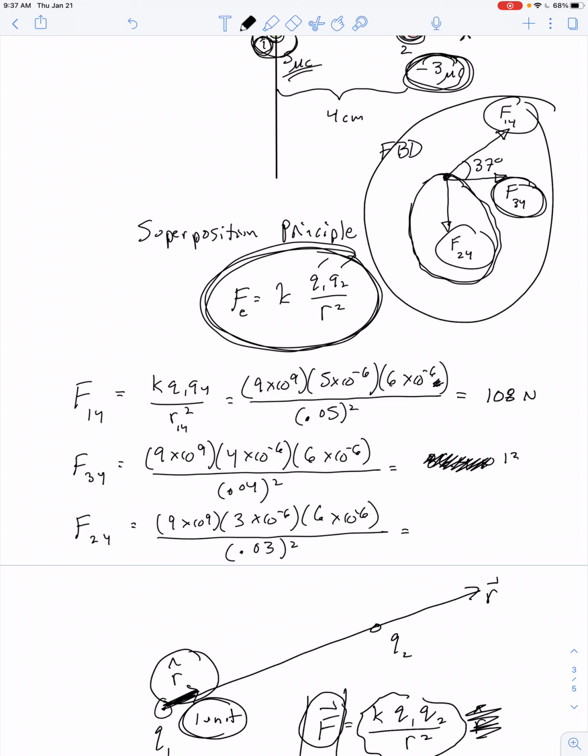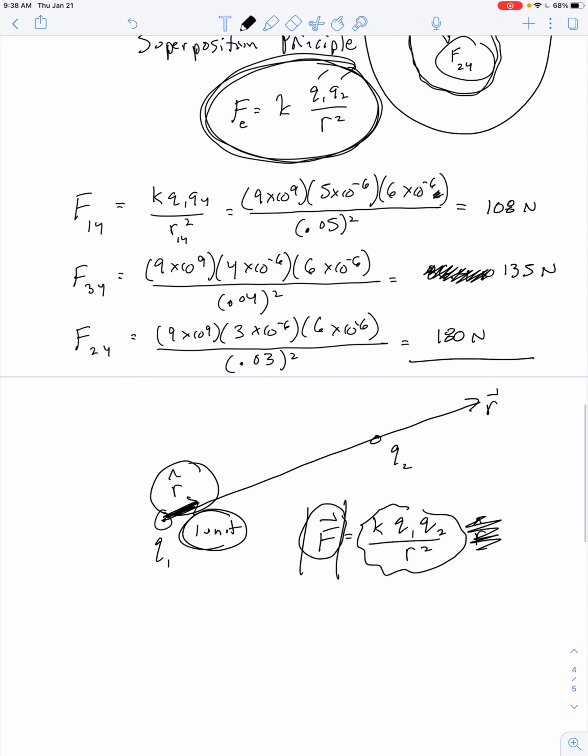Sorry, this comes out to 135 newtons. And then the last force, 180 newtons. Okay. Well, I can't just take all three of those quantities and add them. This is not scalar math.